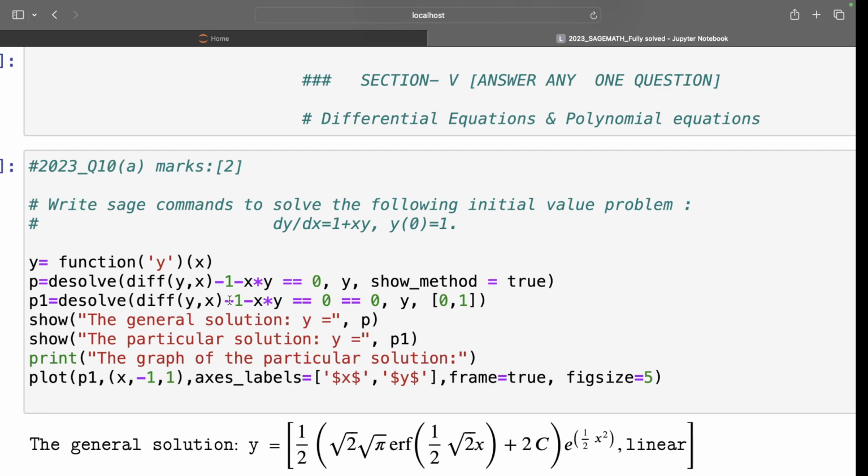P1 is the desolve: diff(y,x) minus 1 minus x times y equals 0, comma y, and in the third bracket the initial condition, the value of x is 0 and the value of y is 1.